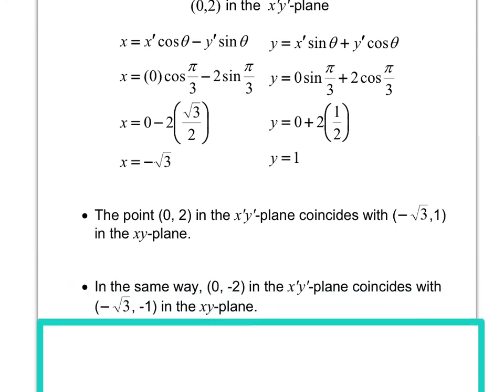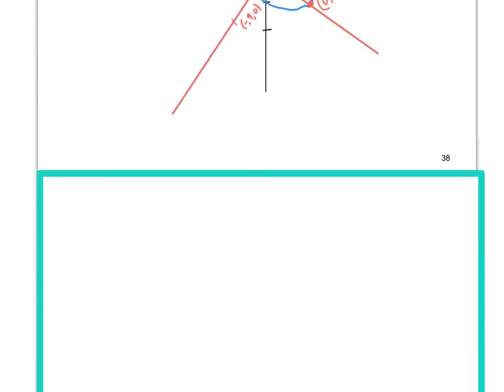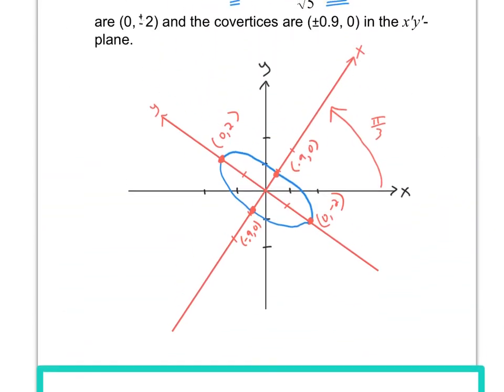And I can do that with the other point and get something similar. So let's go back up, negative radical 3, comma 1. In the regular xy universe, this point is negative radical 3, comma 1. So negative radical 3 is about 1.7, so that's pretty close here.